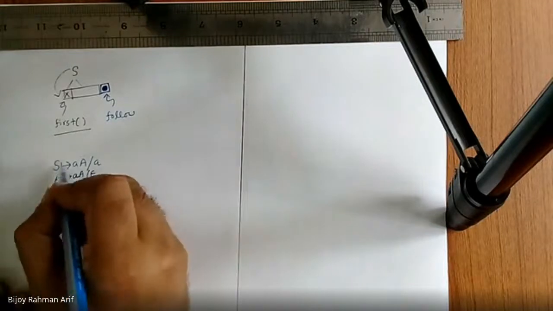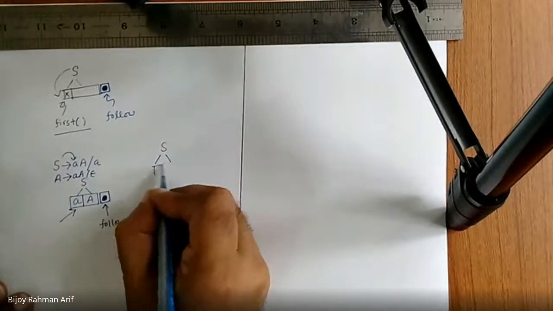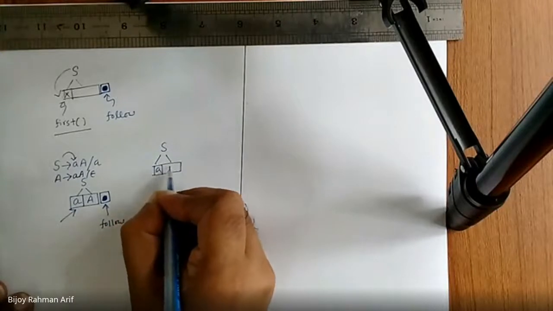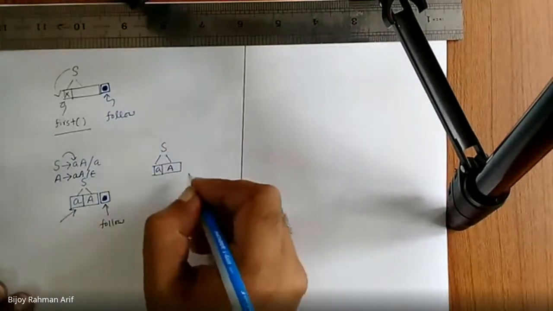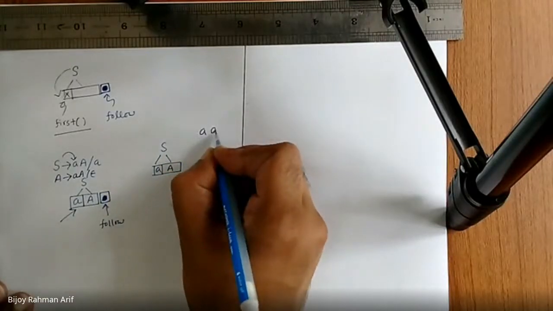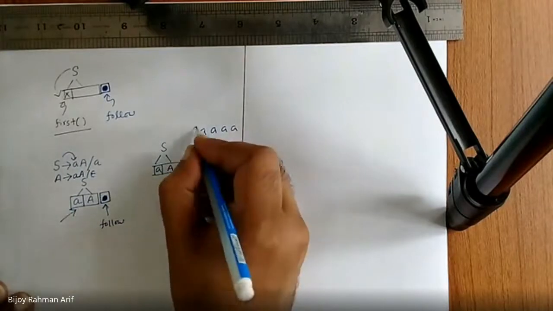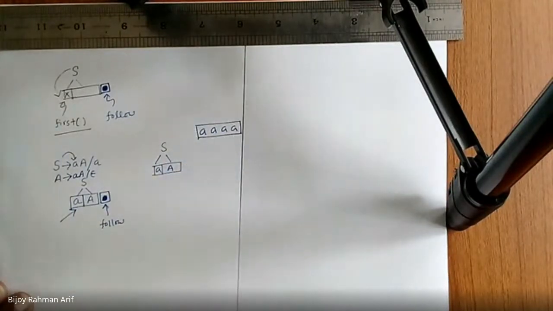If you use this rule, let's assume S derives A. During this derivation process, let's take this string.